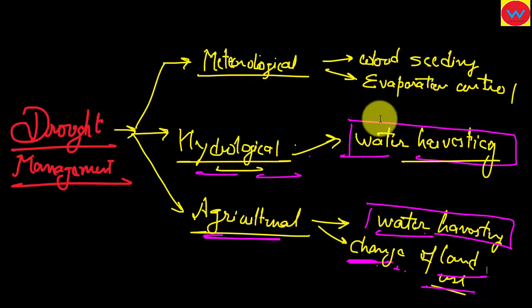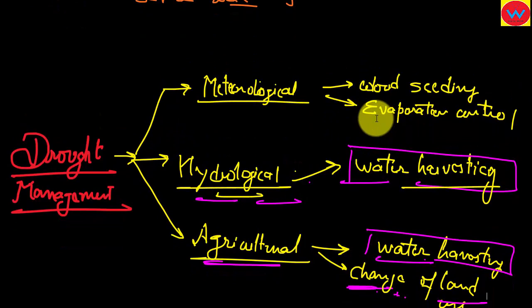There are n number of methods, but for our engineering hydrology series, this much information is sufficient. There is also some information on water harvesting. You can look into, for example, rooftop water harvesting, harvesting from small ground surface areas, and flood water harvesting with or without storage.